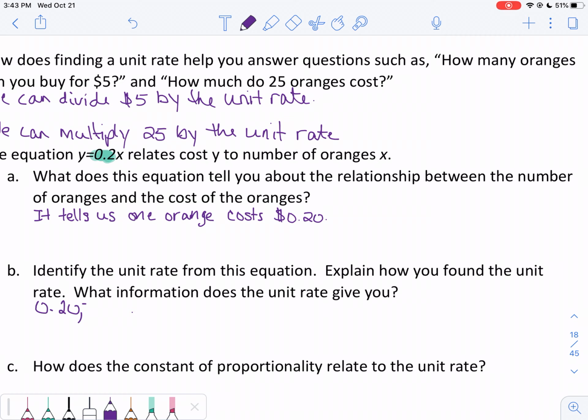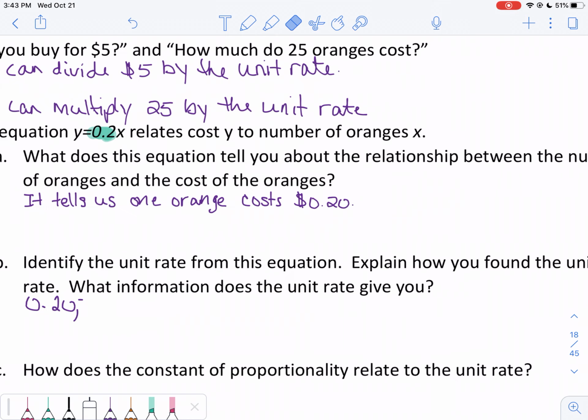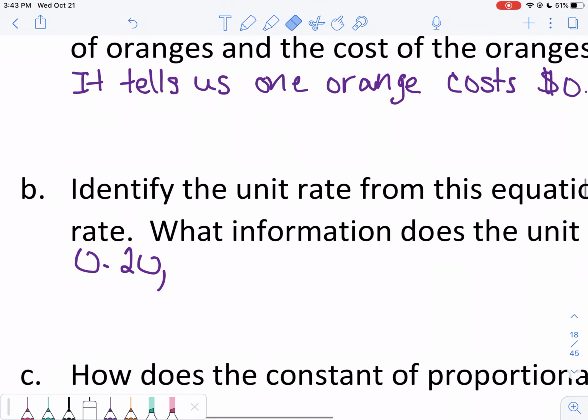Okay, next part. Explain how you found the unit rate. Well, we found it because we know it's the coefficient in that equation. Hold on, I'm spelling that wrong. Okay, let's zoom in a little bit so we can have it a little bit neater.